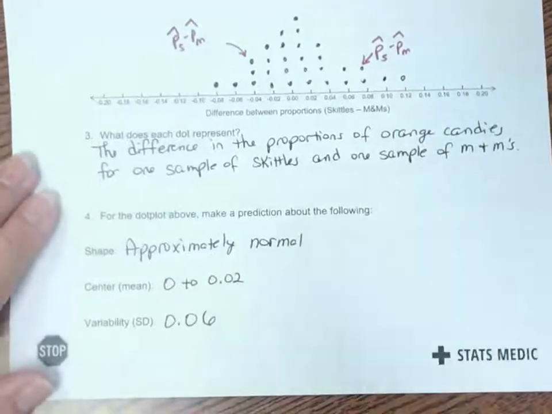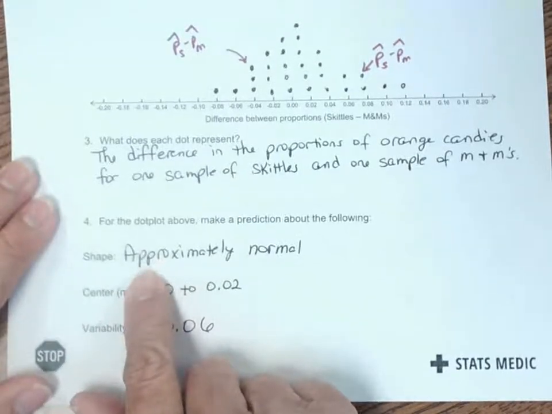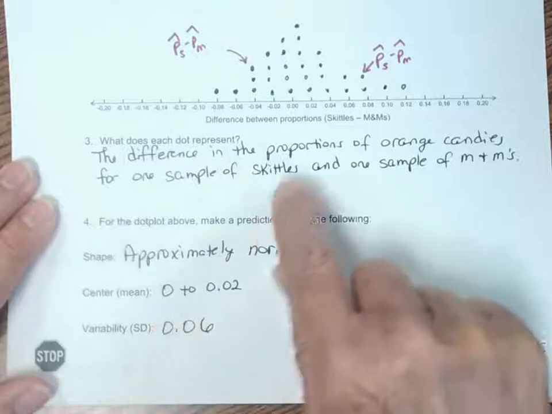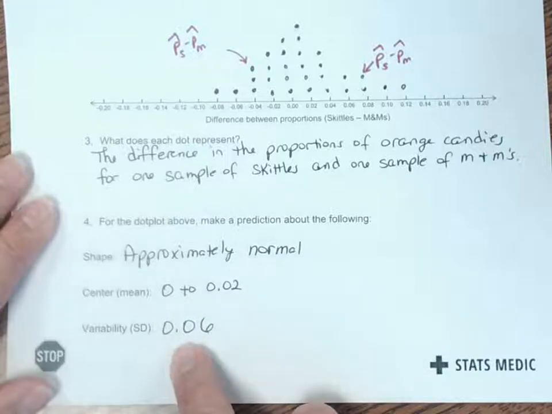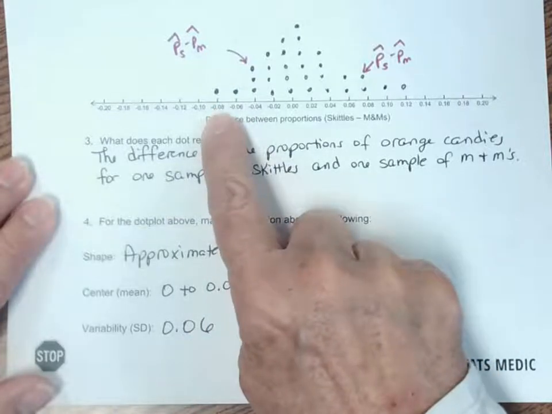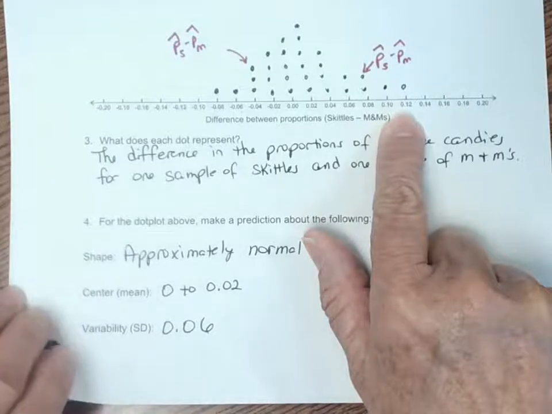Same things we always want to talk about when we're looking at distributions. The shape looks approximately normal. The center looks like it's about at 0.02, maybe between 0 and 0.02. And the variability, I'm guessing at this, maybe 0.06. And I'm getting that by looking from the lowest to the largest and dividing that by 6.